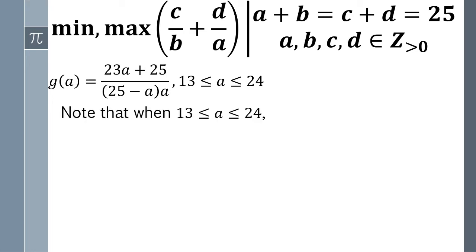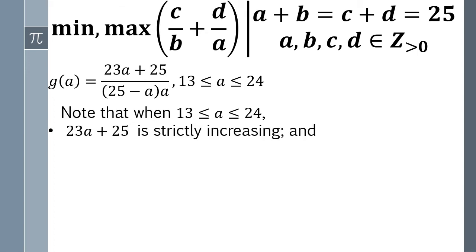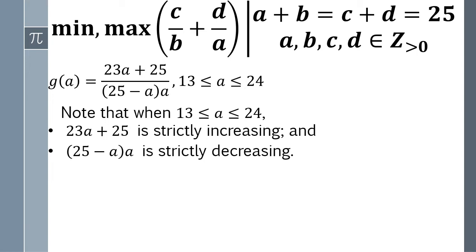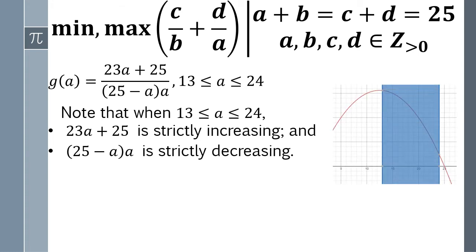First of all, the numerator 23A plus 25 is a strictly increasing linear function. And the denominator (25 minus A) times A is a parabola. Within the range of 13 and 24, it is strictly decreasing. In fact, this is the graph, and the blue area shows how it looks between 13 and 24, and apparently it's a decreasing function here.